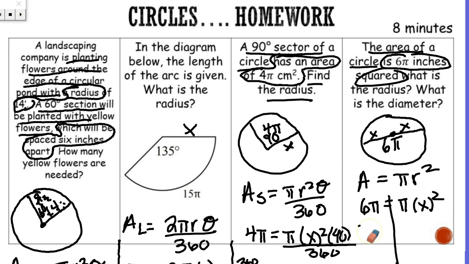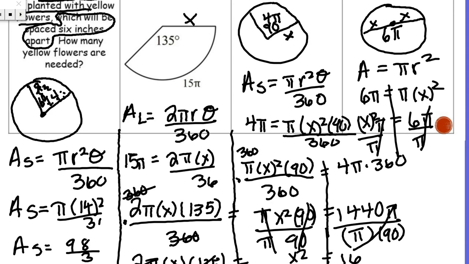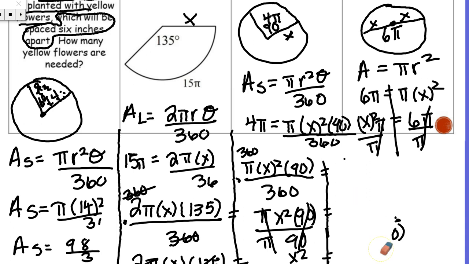That's a second, babies. x squared pi equals 6 pi. Okay, divided by pi, divided by pi. Pi goes away here. So we're left with, stuff that needs to be out of my way. Hold on.